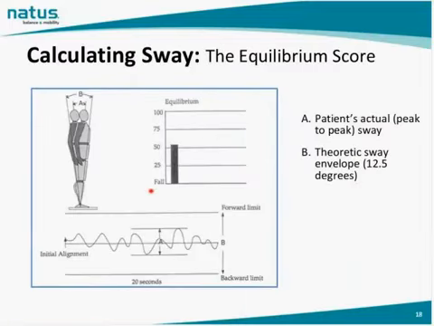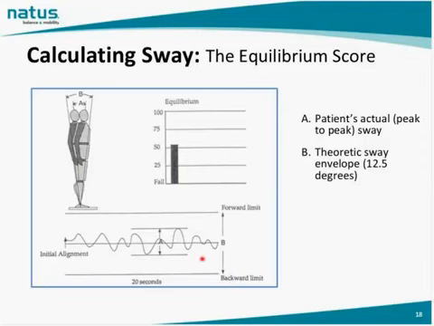In order to calculate the data for the sensory organization test, we calculate something called an equilibrium score. The anterior-posterior body sway of the patient over the course of that 20-second trial is searched by an algorithm to find the maximum posterior to maximum anterior movement. That distance is then compared to the total theoretical limits of how far a normal person can move and not lose their balance, which is 12.5 degrees.